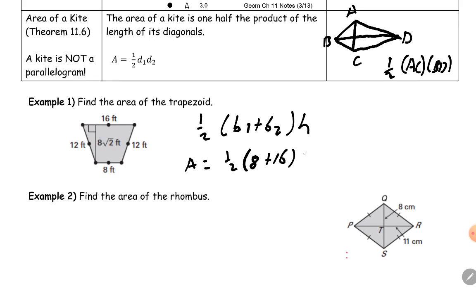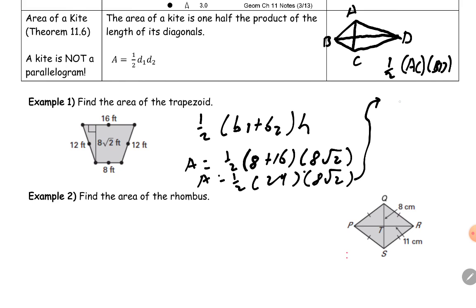Times height, which is 8 times the square root of 2. So area is 1/2 of 24 times 8 square roots of 2. So I have 12 times 8 times the square root of 2, and 12 times 8 is 96 square roots of 2.